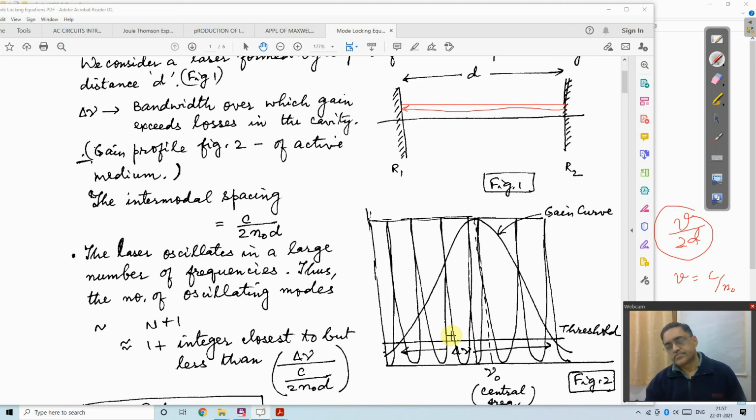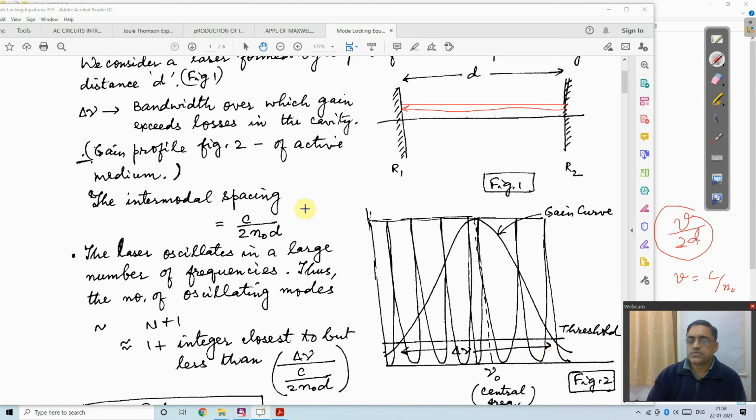and the laser oscillates in a large number of frequencies. Thus the number of oscillating modes can be written as the integer closest to but less than this quantity, because it depends on how many slices of this delta nu bandwidth we can obtain.